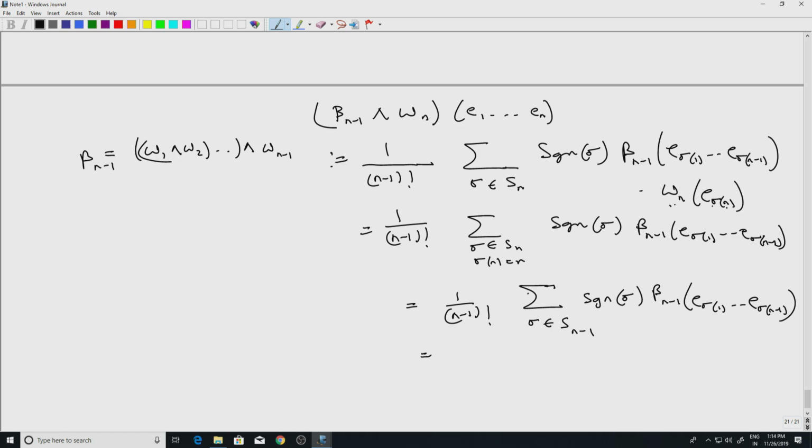So this would be 1 by n minus 1 factorial, sum over sigma in S n minus 1 of sign sigma, and then this beta I can call again beta n minus 2, beta n minus 2 wedge omega n minus 1, acting on the same stuff.